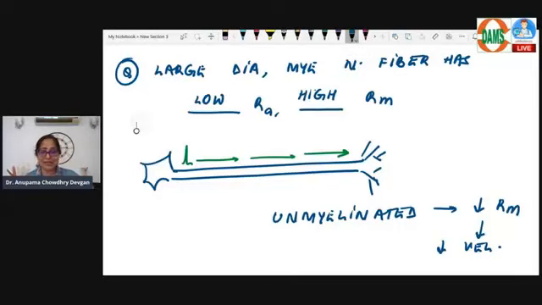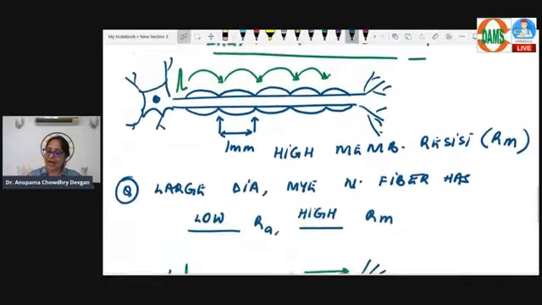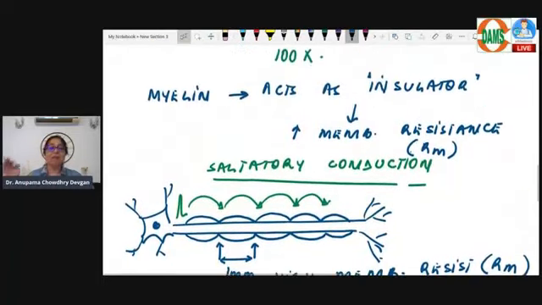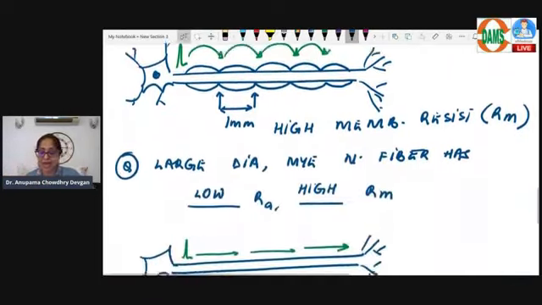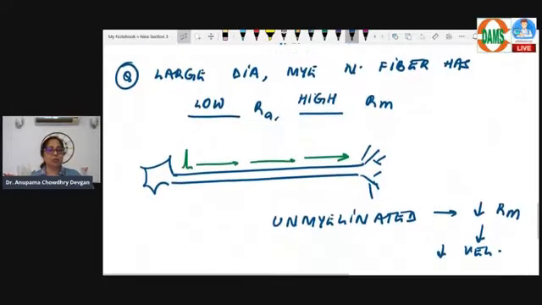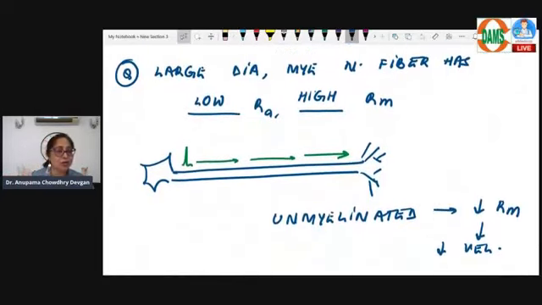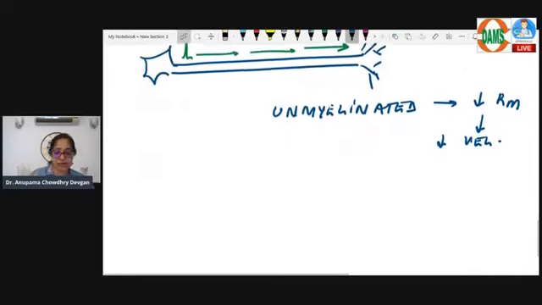A myelinated nerve fiber will have a faster velocity because of saltatory conduction, because the action potential is jumping from node to node, from one area of low resistance to another area of low resistance. An unmyelinated nerve fiber has a low membrane resistance, but in spite of that, a lower velocity, because the action potential has to cover the entire length of the axon, which is going to take much more time.